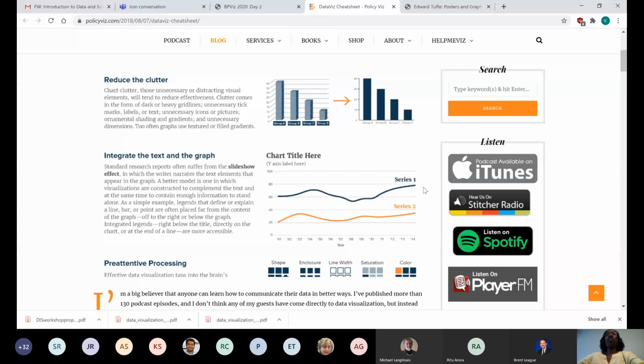And so if they are colorblind, they may not say that they are, but if you include different patterns for different aspects of the visualization, for example, in this case here, they're showing you going from a 3D, hopefully you can see my mouse moving around, in the section where it says reduce the clutter. The first visualization is a 3D representation, and they're recommending that you go to 2D.